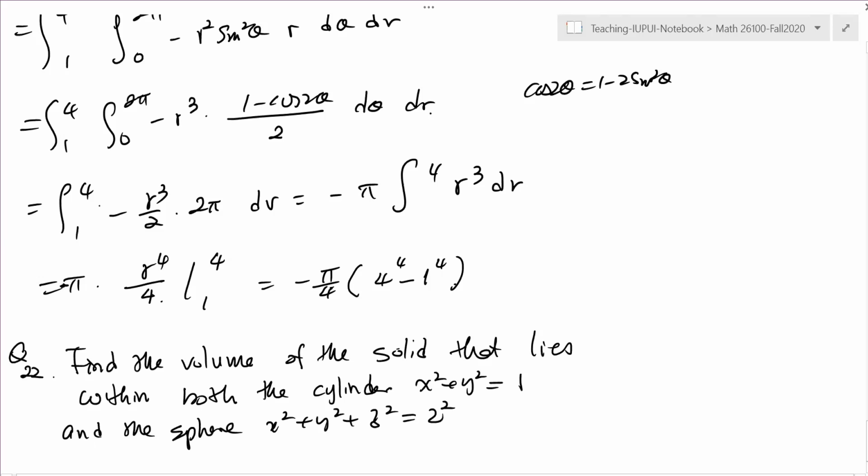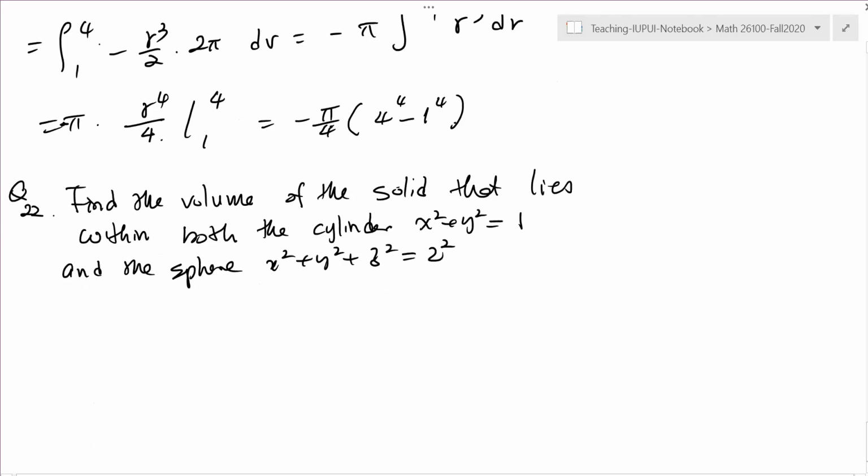So the sphere has a radius 2. Okay, so draw the picture, right?